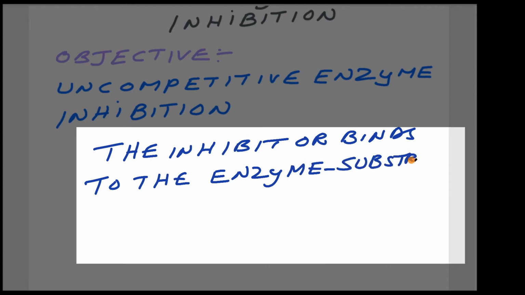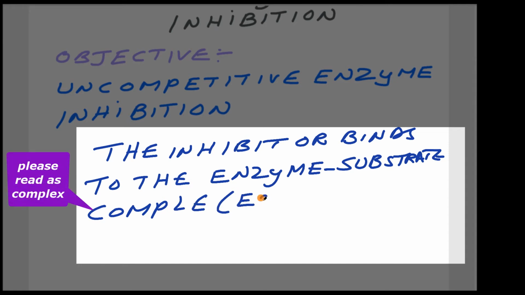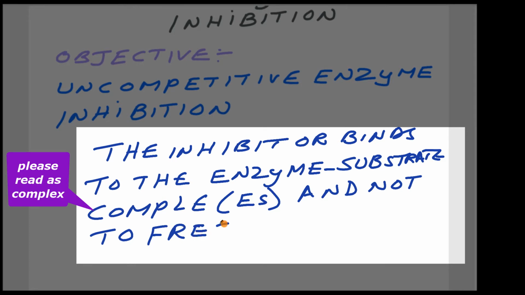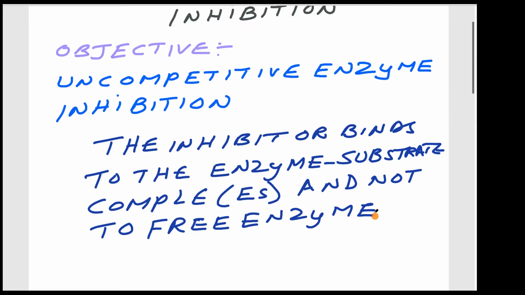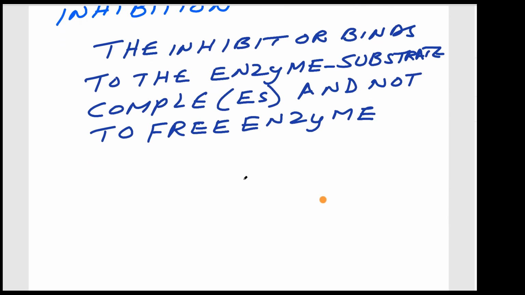Enzyme substrate complex, that is what we say ES, and not to the free enzyme. So the inhibitor does not bind to the free enzyme. It binds only to the enzyme substrate complex.